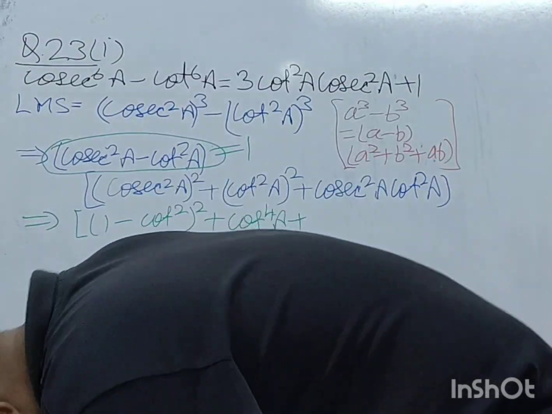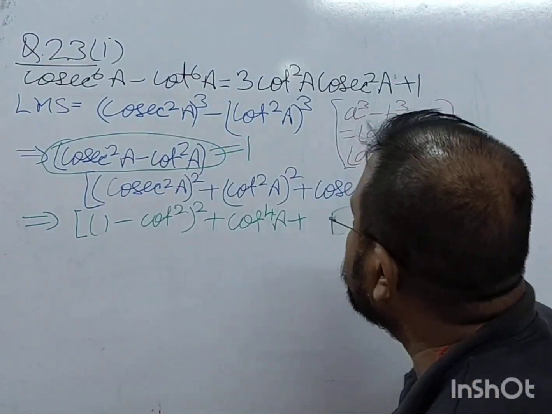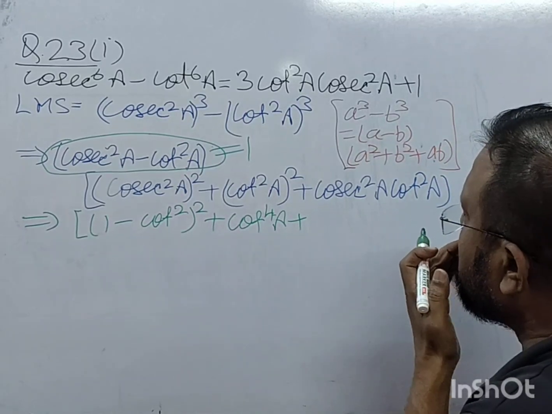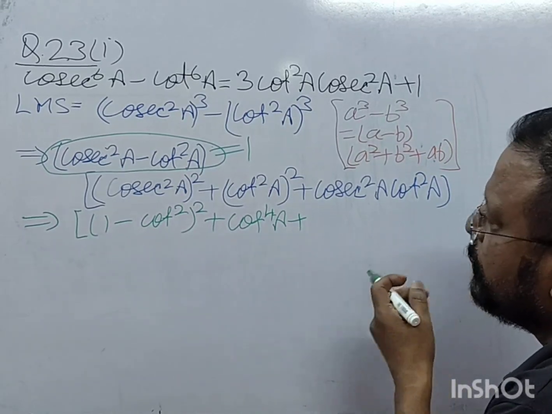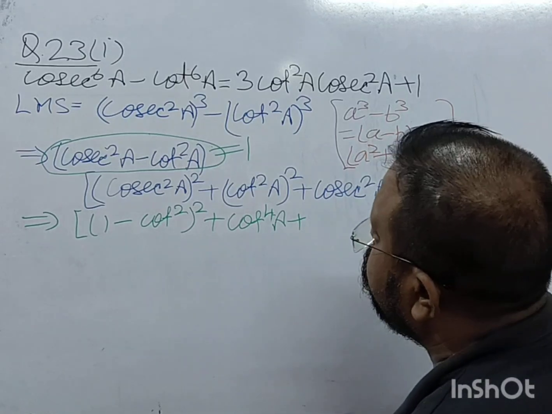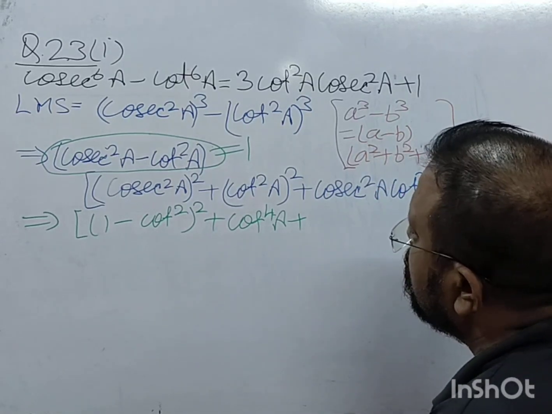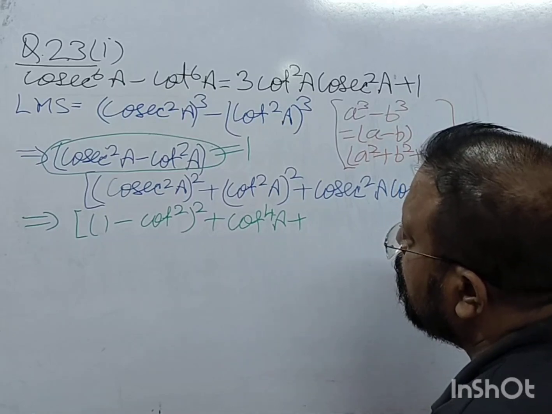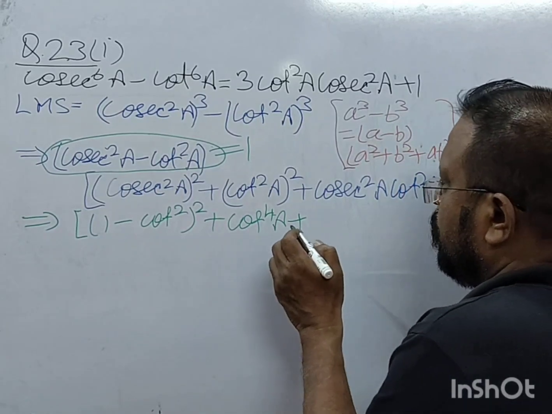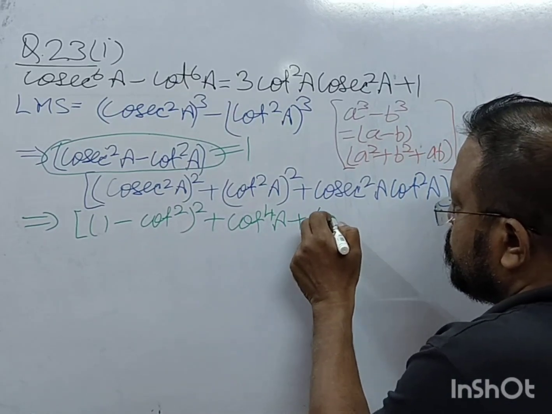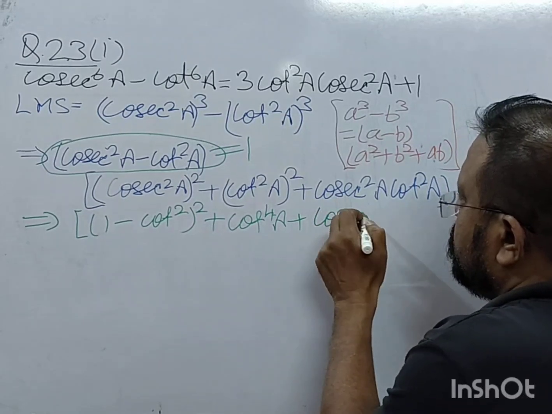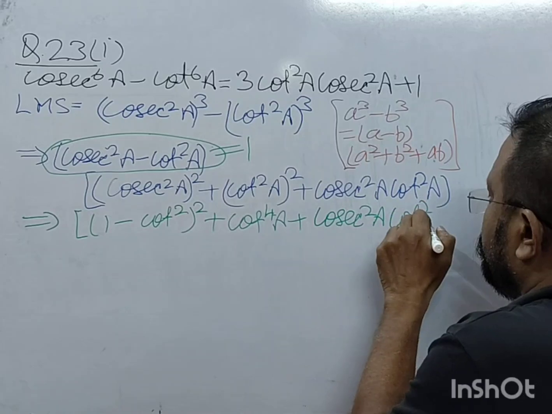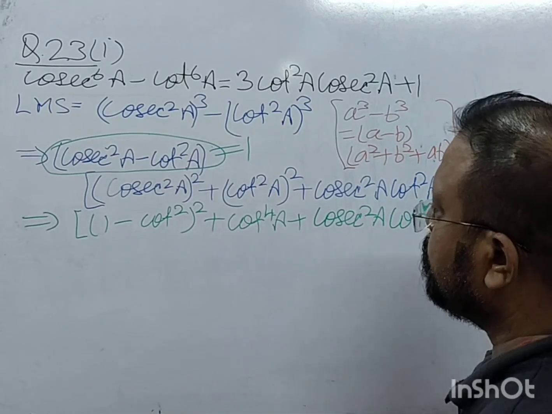So this is cosec square a cot square a. Is it?